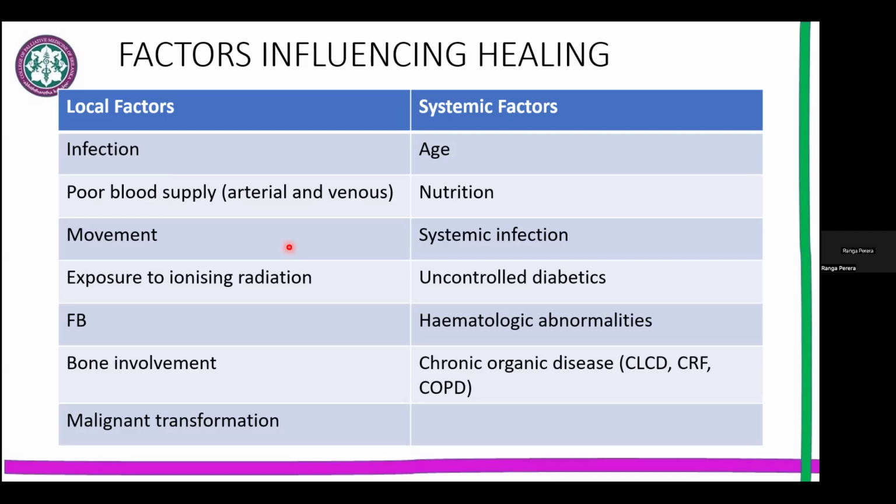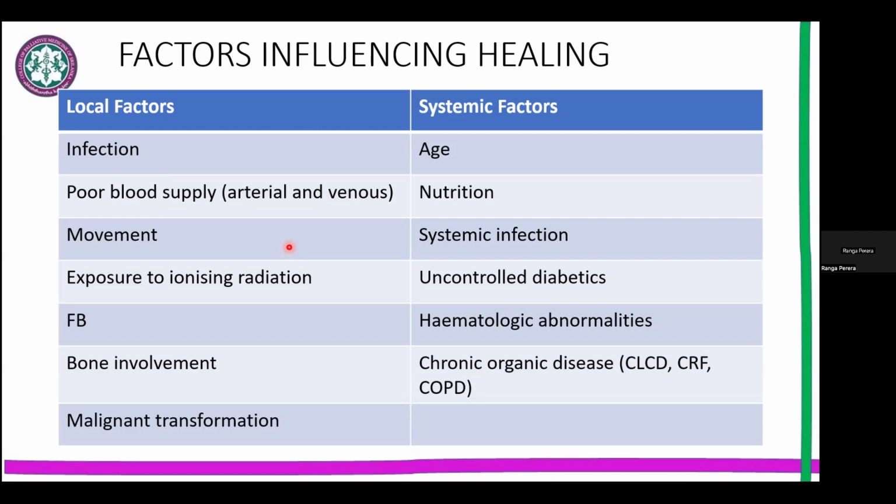If the wound ulcers have undergone malignant transformation, that will never heal until you remove that malignancy and treat it properly. So, systemic factors: age. The younger the patient, the faster the wound healing. The older the patient, the more delayed the wound healing. Very simple.